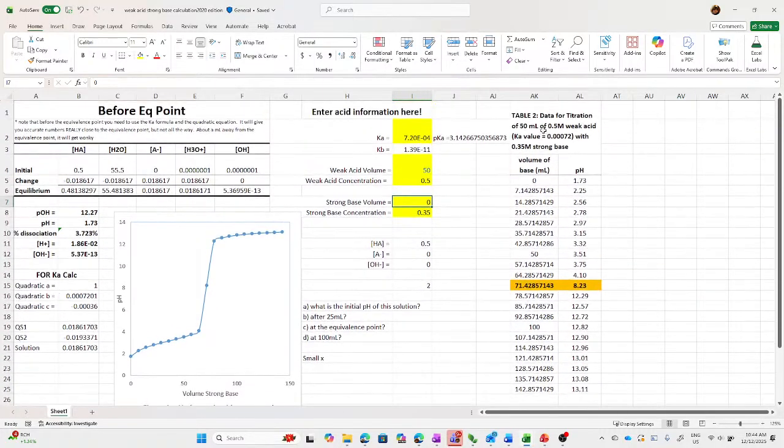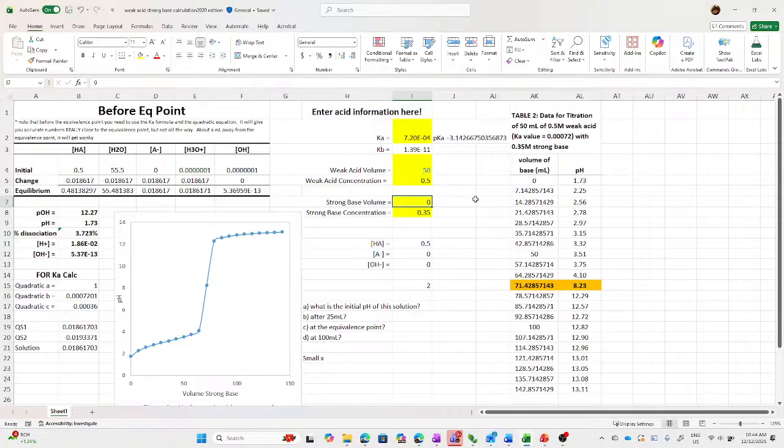This will actually give you a titration. It will show you the equivalence point, and it will show you the pH at each value. And then you can even put in the volume you want. Look here, 0 before the equivalence point, and it actually makes the ICE table for you. It does all the math. It does the quadratic, so it doesn't even do a shortcut, and it gets all the values for you.